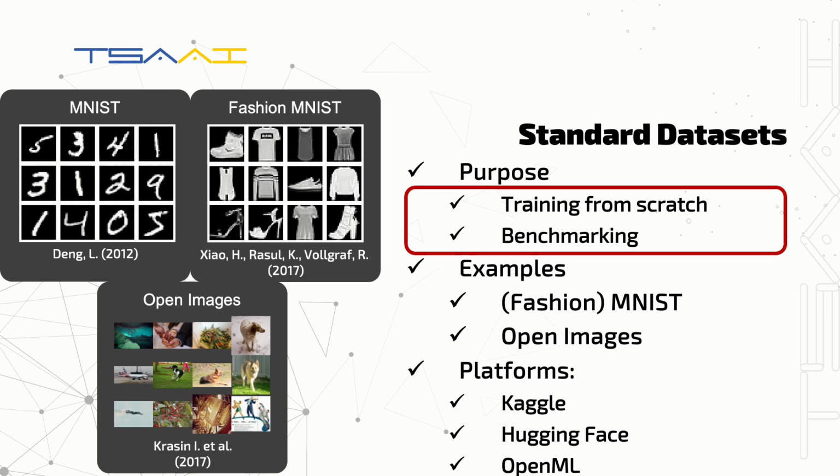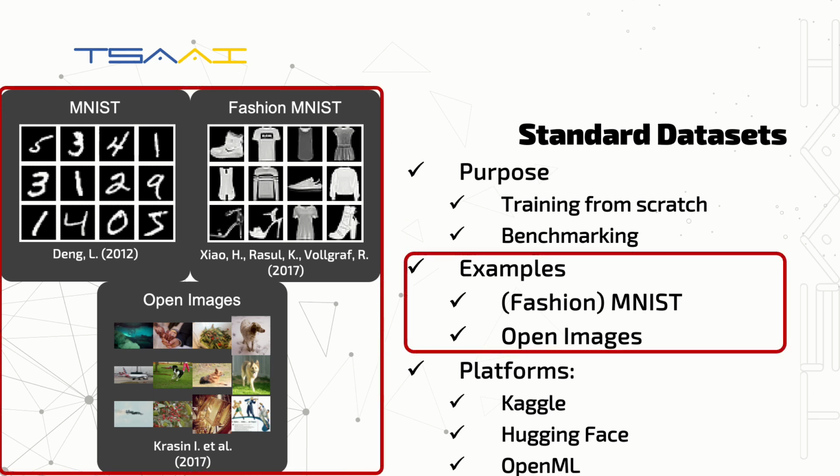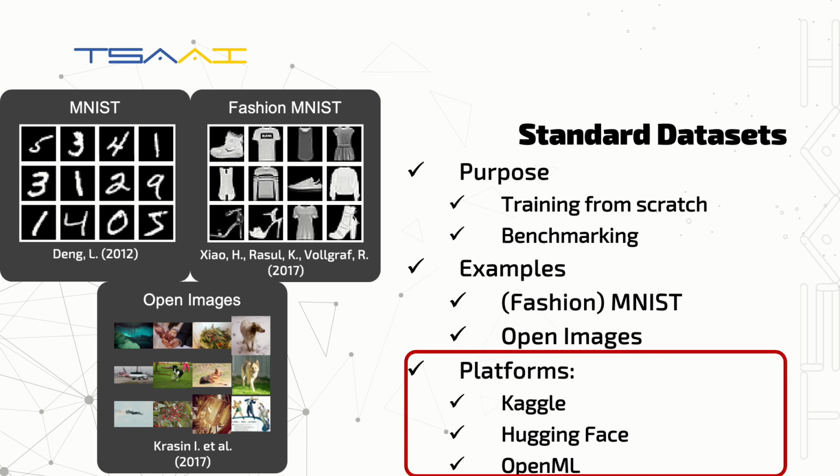Examples include MNIST for handwritten digits, Fashion MNIST for fashion items, and Open Images with 15 million annotated boxes across 600 classes. Many of the standard datasets come bundled with machine learning and deep learning libraries. For more specialized needs, platforms such as Kaggle, Hugging Face, or OpenML offer a wide range of options.